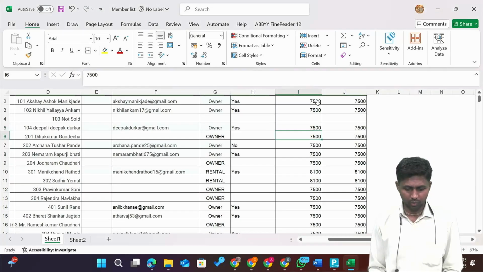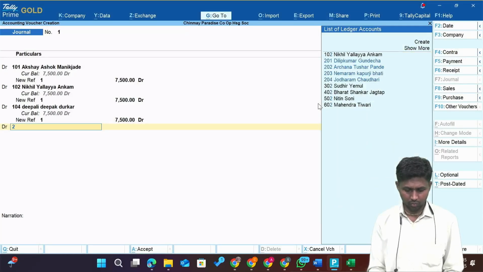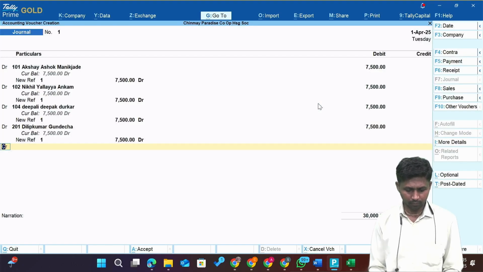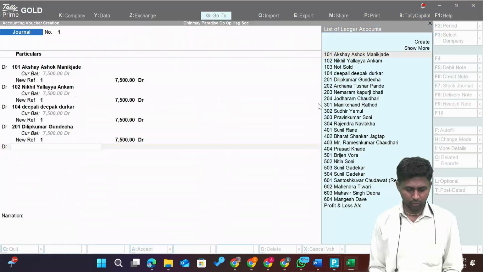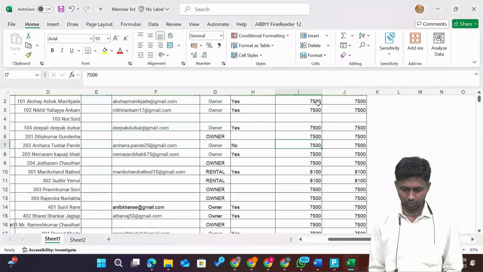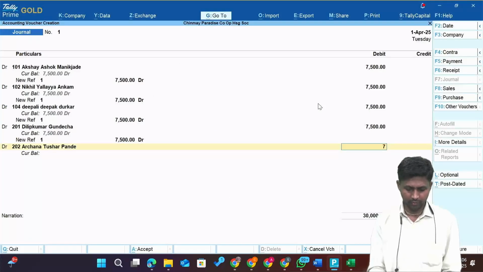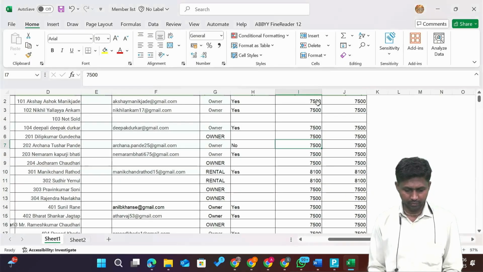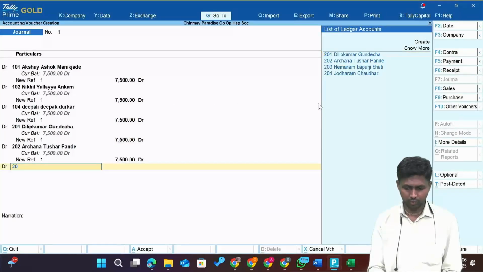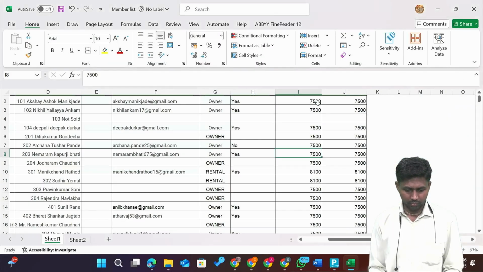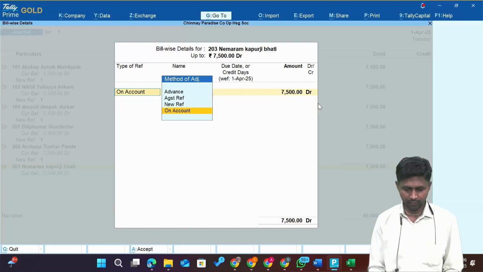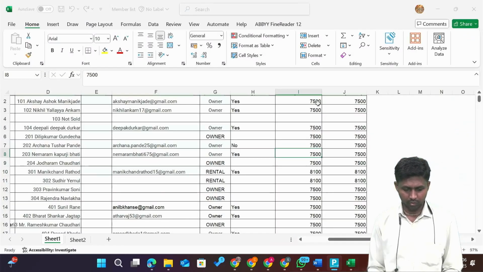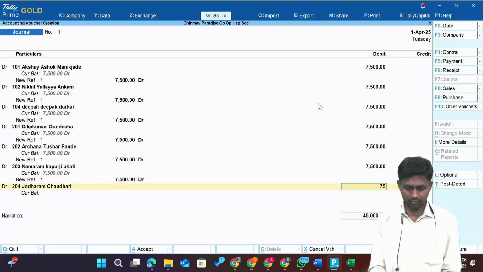Then after that, 201, 7500. Then 202, 7500. Again debit, 203, 7500. Then after this, debit 204, 7500.